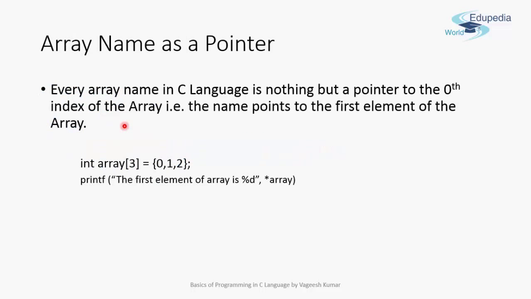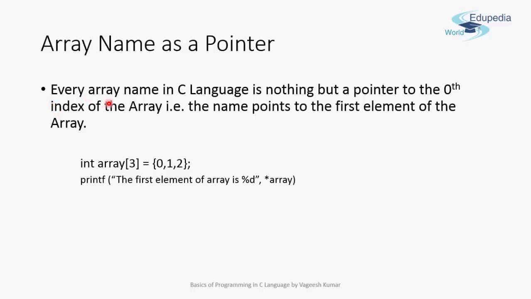One more thing: the array name is also a pointer inside C language. We have already discussed this many times when we discussed arrays and strings. Now that we are doing pointers, we will understand it in depth.